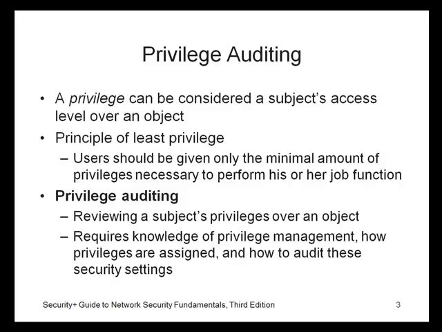We see if it would or would not work. And that's what a privilege audit is, isn't it? Reviewing a subject's privileges over an object. So what are his privileges over an object? Well, he's got full control of that object, the object being his home directory. Should he have full control of that object? Theoretically, no. Theoretically he should have modified permission to that.